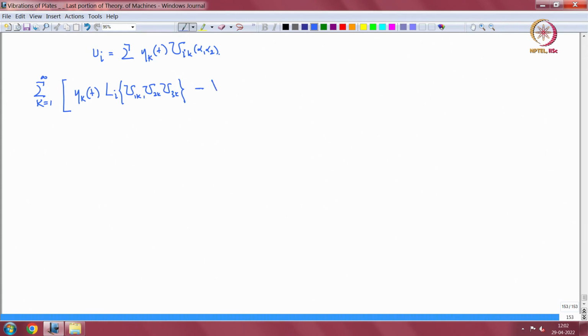Then minus lambda, the temporal derivative comes on eta, then u_ik, minus rho h eta_k double dot u_ik is equal to minus q_i. Okay, and u1k, u2k, u3k are the mode shape components.